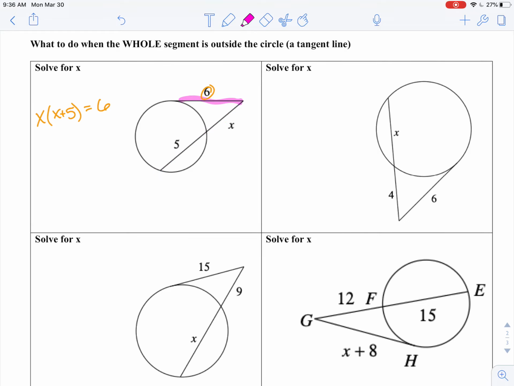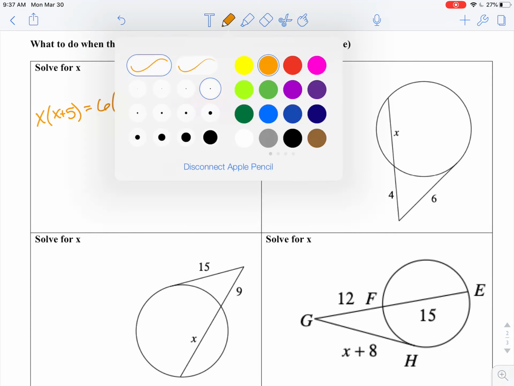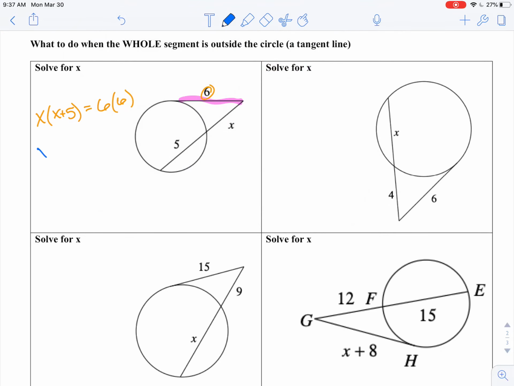Because we'd been doing the part outside times the whole segment. Well, that's not going to change. We'll do the part outside. But what's the whole segment here? So that's the whole segment. This is the whole segment still. 6 is just the whole segment now.